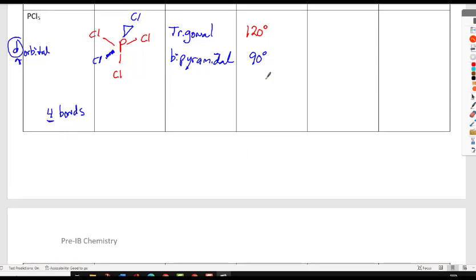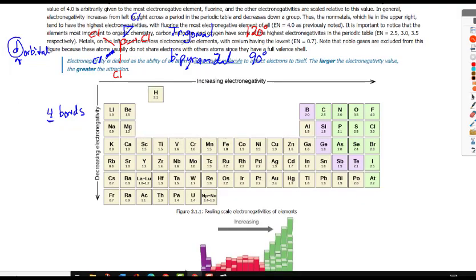Now, as far as the polarity of each of these bonds, we do know that chlorine is a little bit more electronegative than the phosphorus. So let's look at those values. So notice here is phosphorus at 2.1, chlorine at 3.0. So yes, chlorine is a little more electronegative than phosphorus, so it would pull towards the chlorine.